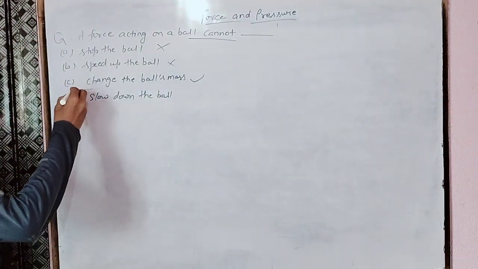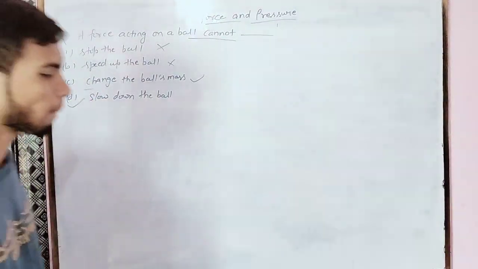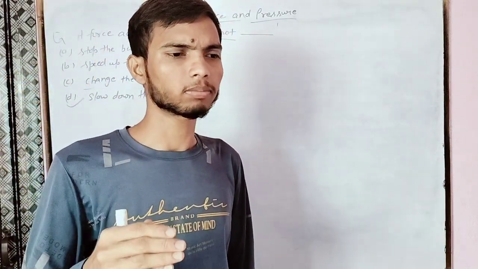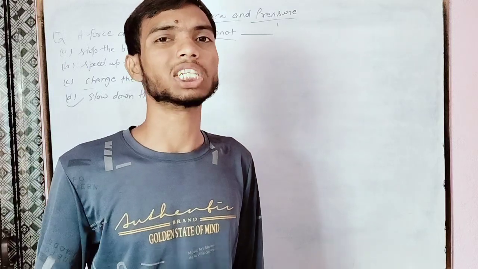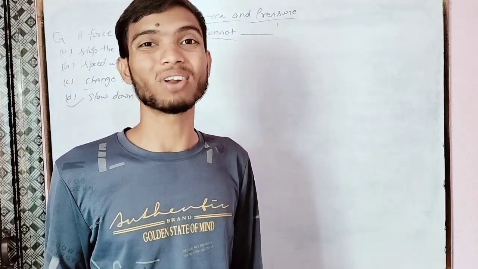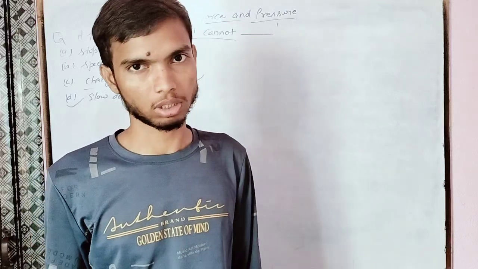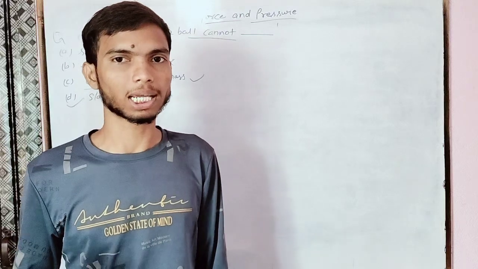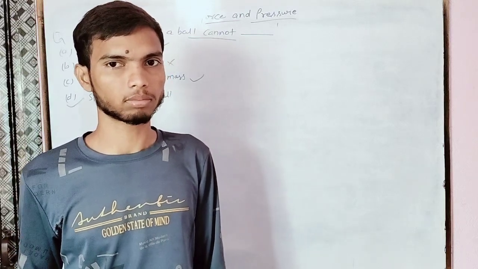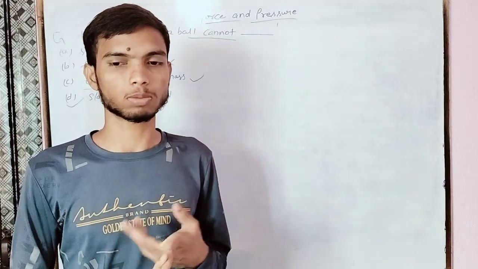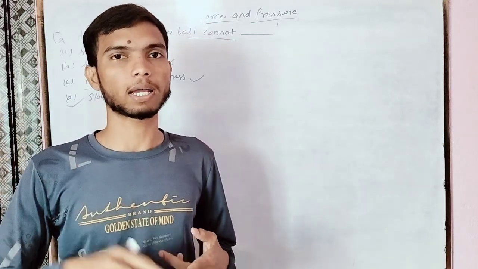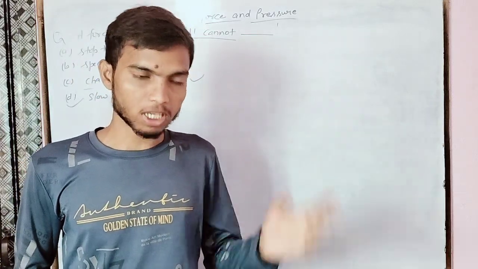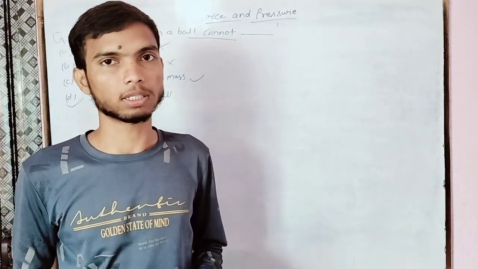Option D is slow down the ball. Yes, the ball can come in slow motion when there is frictional force. So the speed of a ball can be decreased by applying force, and it can also be increased by applying force.